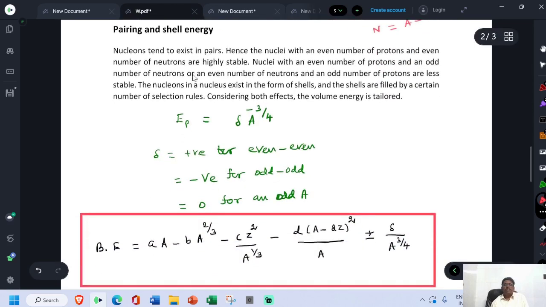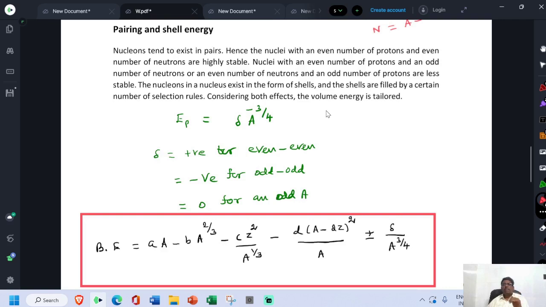And the final term is the pairing and shell energy. Nucleons tend to exist in pairs. Hence, nuclei with an even number of protons and an even number of neutrons are highly stable.